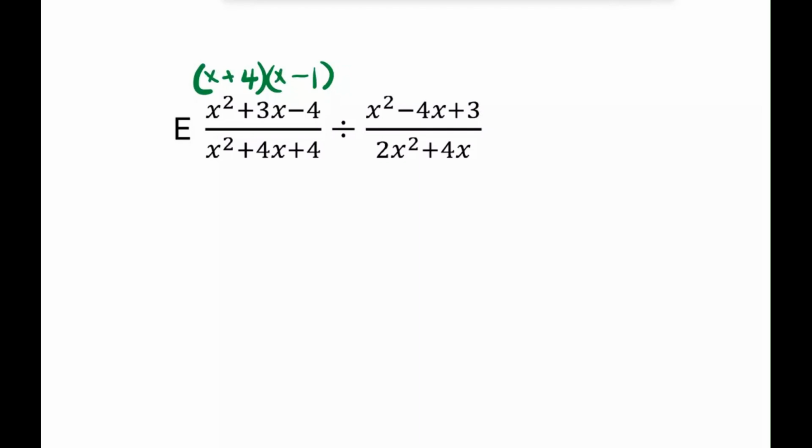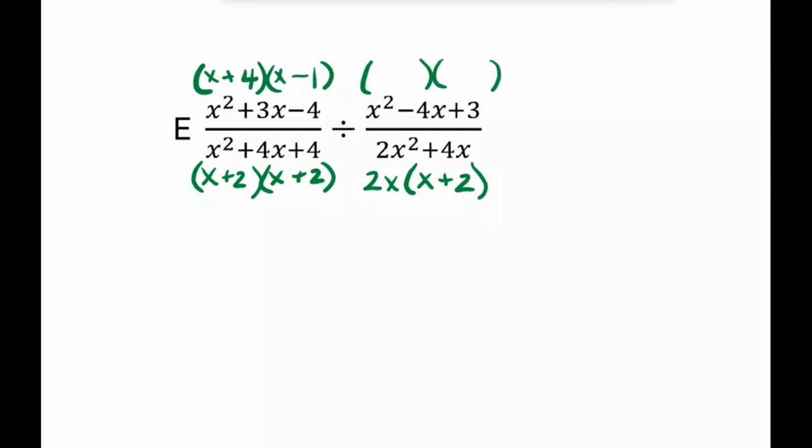All right, and then this one is going to factor to 2 times 2 to get the 4 in the middle. This one is going to be a GCF. We're going to factor out a 2x, so that's going to leave x plus 2. And then this one, to get a 3, it's going to be 3 times 1. Everything's negative.